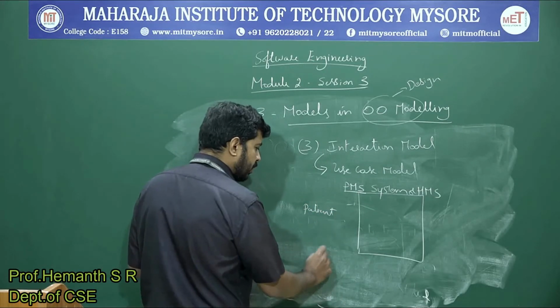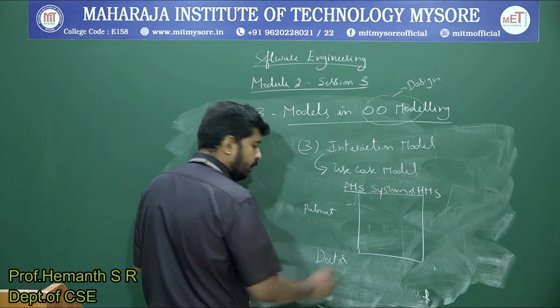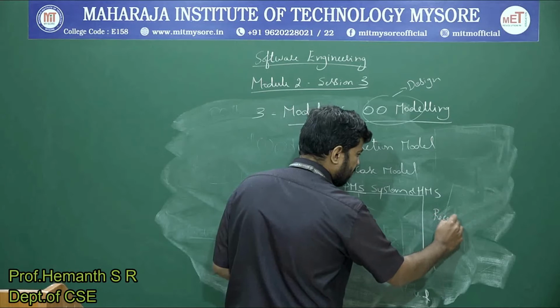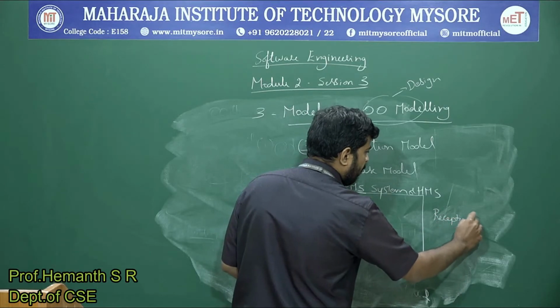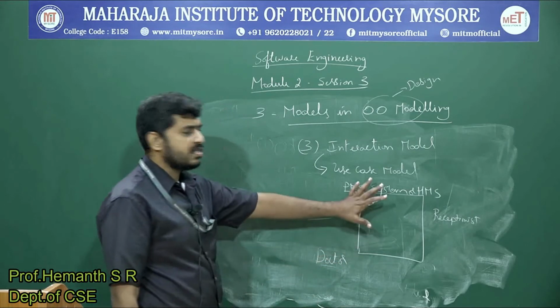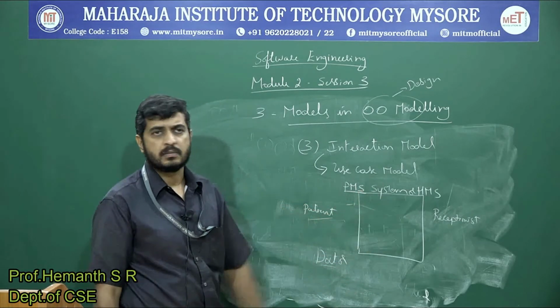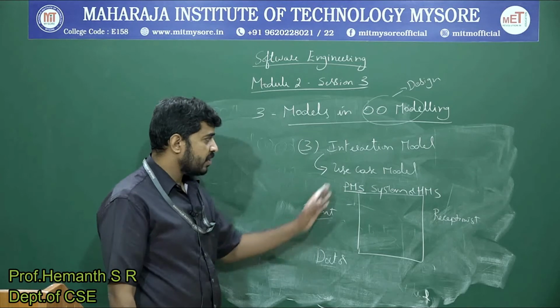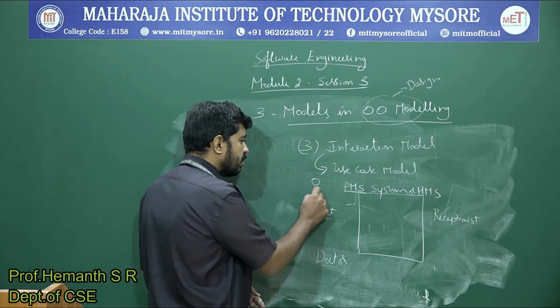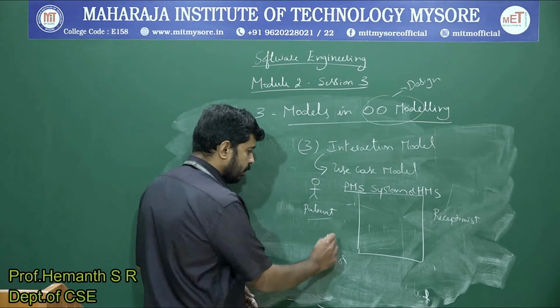So it may be a doctor. Okay. It may be maybe a manager, receptionist. So these are the different entities who are interacting with this system, patient monitoring system. So we have a notation for this in the use case model. We use a human stick-like figure.